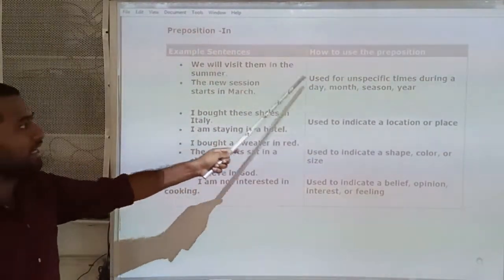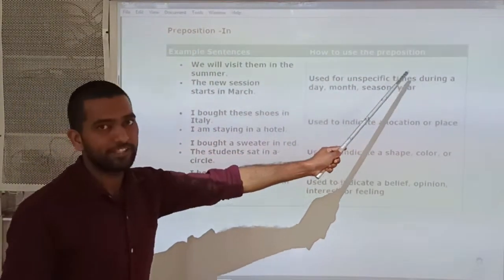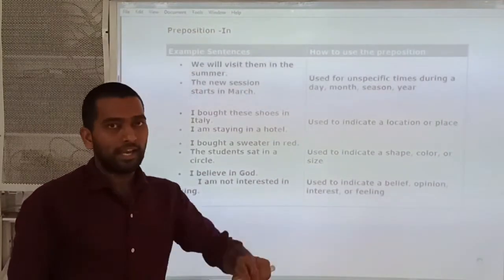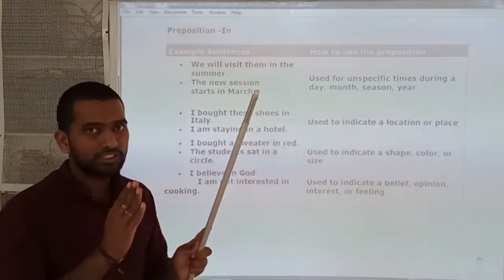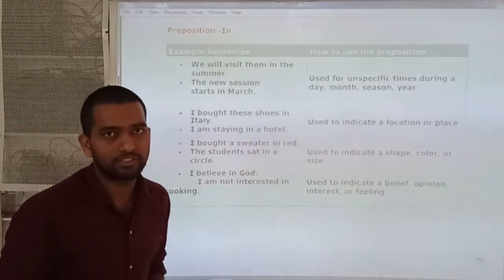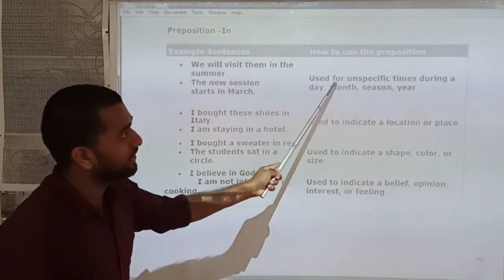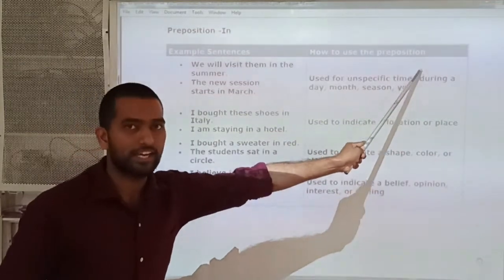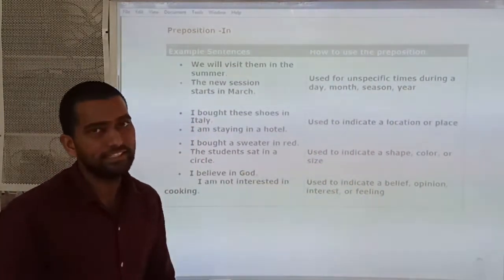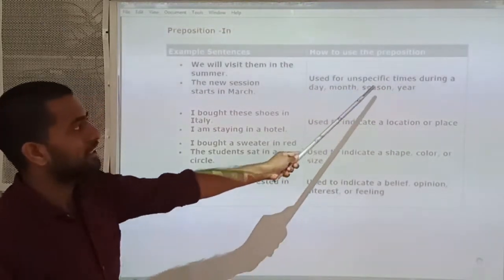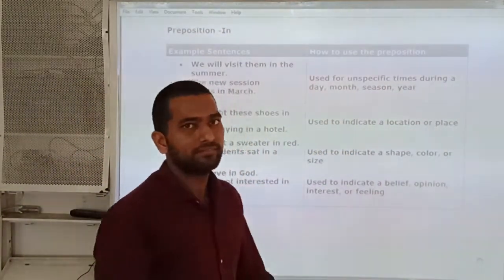Preposition in is used for unspecific times. See, in preposition at, we read one point that it is used for specific times. Here the preposition in is used for unspecific times during a day, month, season or year. Otherwise, a part of a day is also included.